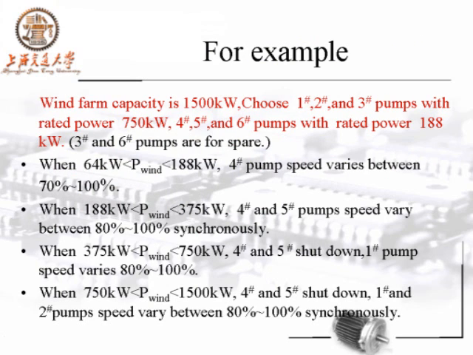You can see an example. Let us assume the wind farm capacity is 1.5 megawatts, and choose 2 pumps with rated power 750 kilowatts, and another 2 pumps with rated power 188 kilowatts.